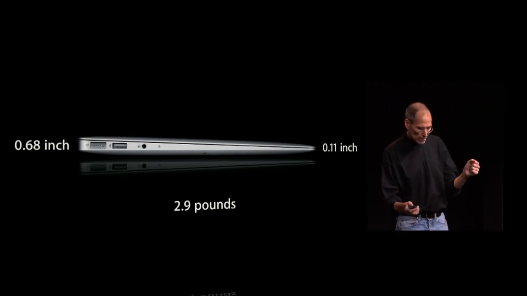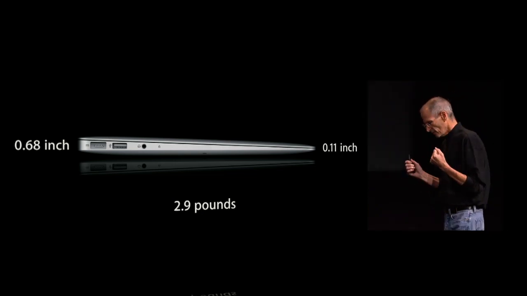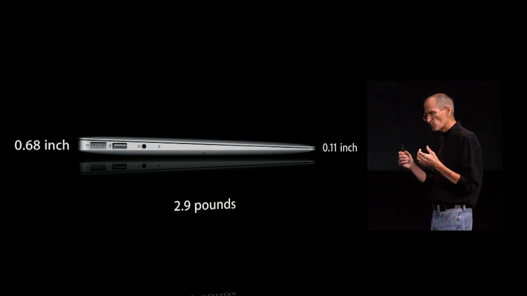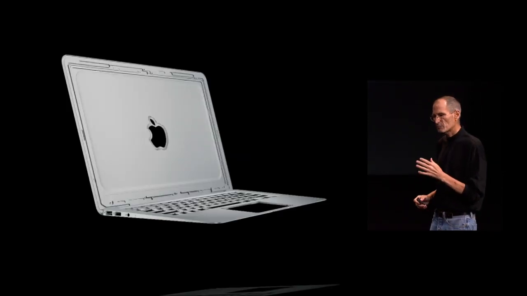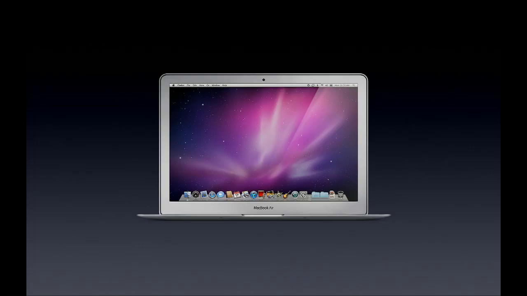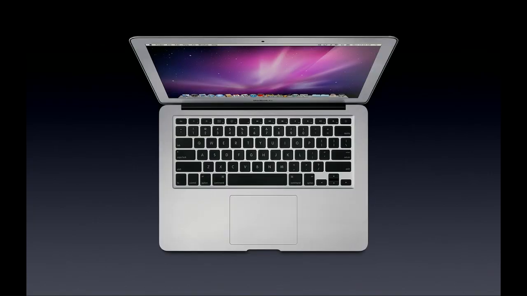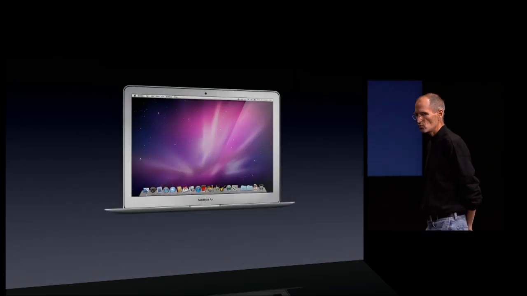Now, it's hard enough to build something thin, but we also want our products to be rigid and durable. And so the new MacBook Air is complete unibody construction. Complete aluminum unibody construction. It's pretty amazing. It's got a full-size keyboard and a full-size glass trackpad. These are areas where you do not want to sacrifice. So let me tell you a bit about it.